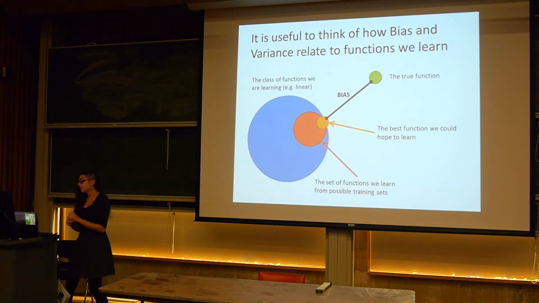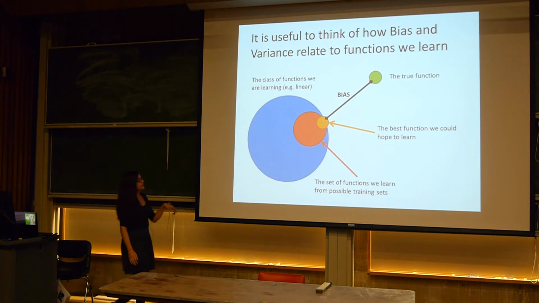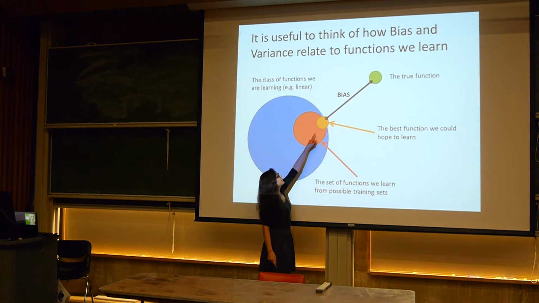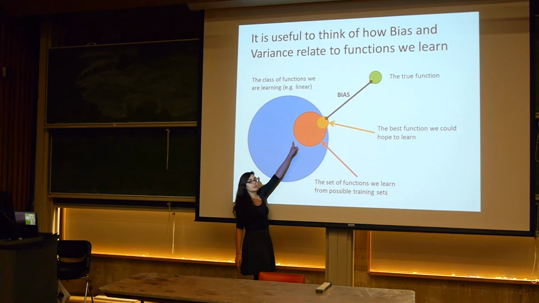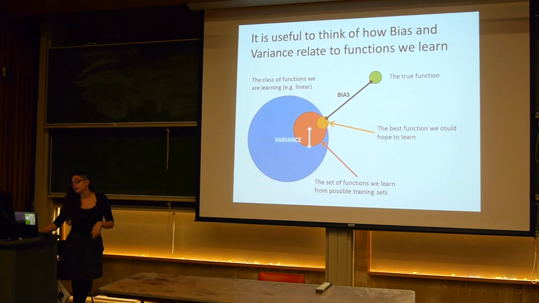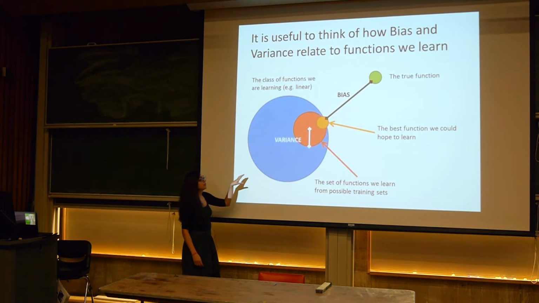But how much the model changes in this space, right? The difference between this best function and maybe the worst function we could possibly learn, that's going to be the variance. So how much do we move around in this little ball?